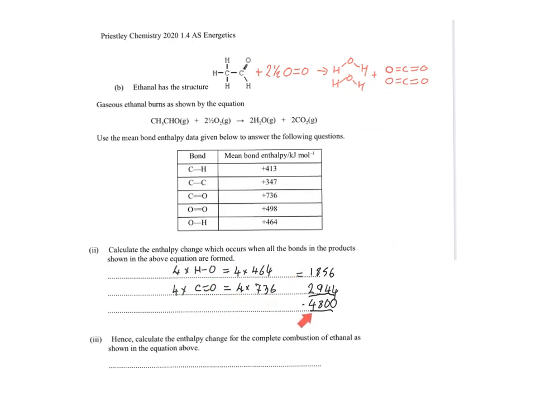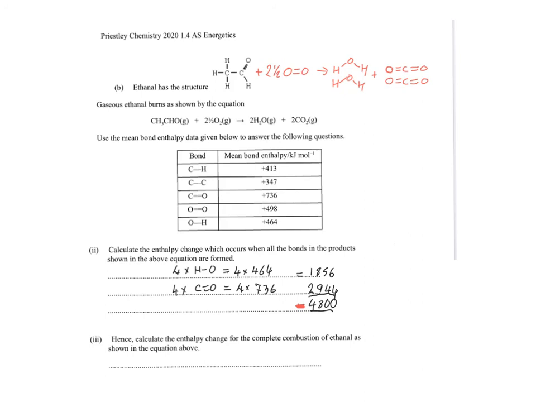We add those together and get a value of 4,800. Now don't forget that bond making is exothermic, because you're releasing energy because there is a massive electrostatic attraction when all those nuclei attract all of those electrons. So that's an exothermic value.